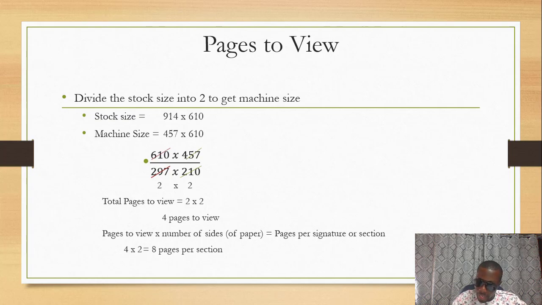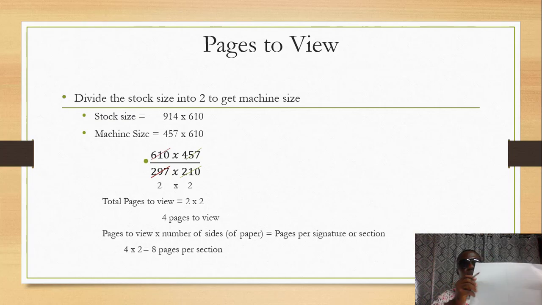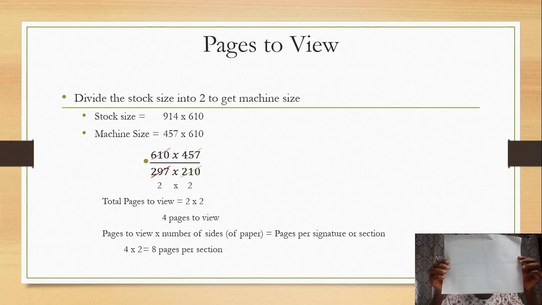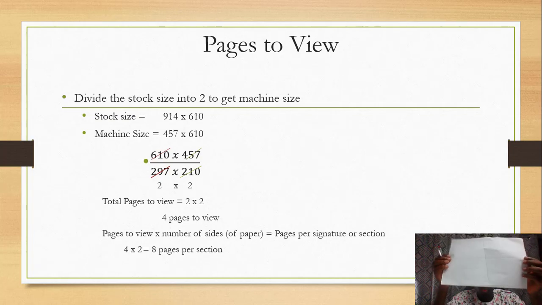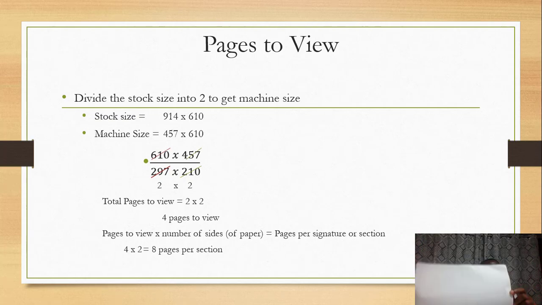So let's see how the arrangement will look like. So this is our stock size, and this is how it's going to be. This is 1, this is 2, this is 3, this is 4. It means we can view 4 pages at a time on a sheet. So when you take one printable sheet, one machine size sheet, how many pages can we get?